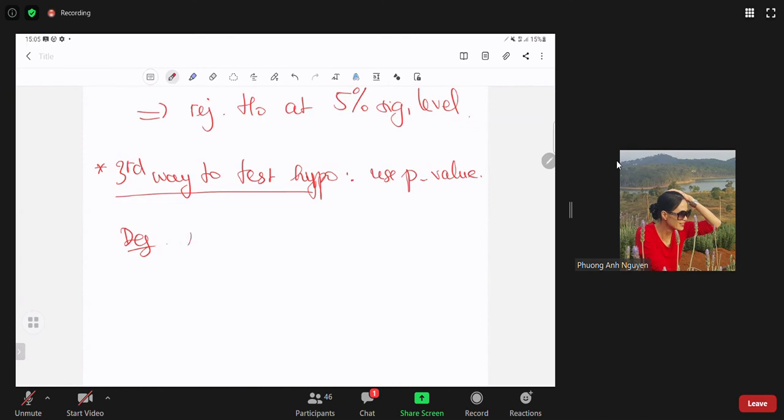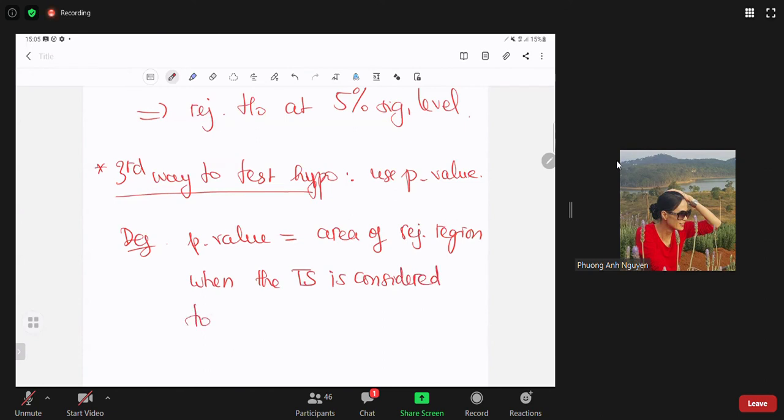The p-value, by definition, is the area of the rejection region when the test statistic is considered the critical value. Considered the critical value.